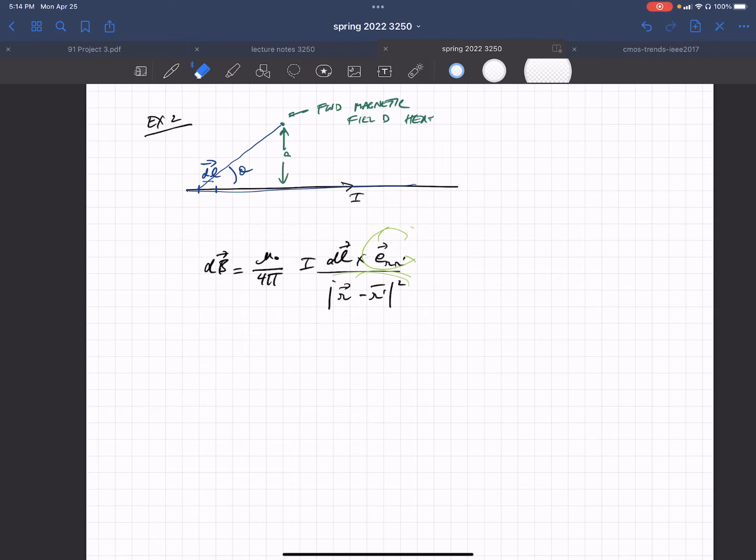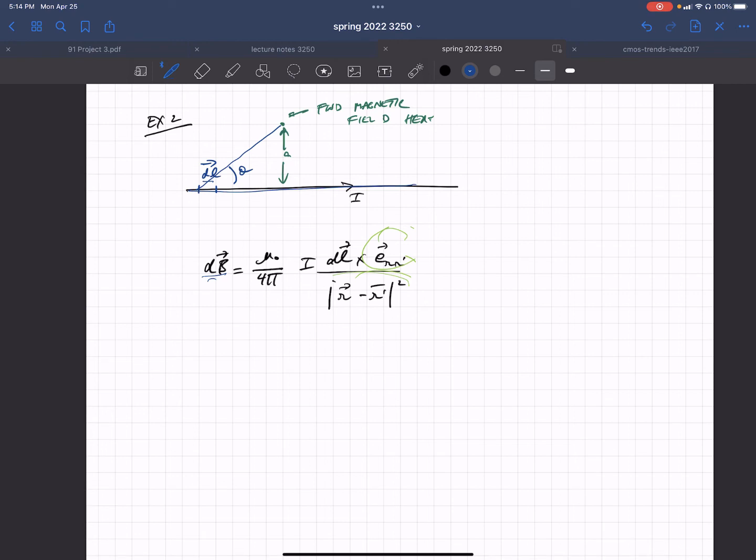So basically what you'll see is we've got this cross product again for the direction of the magnetic field. So if dl is going that way, B, the vector for B, is going to be perpendicular to anything that has either one of those in it. So basically it's going to be coming out of the display and going into the display.